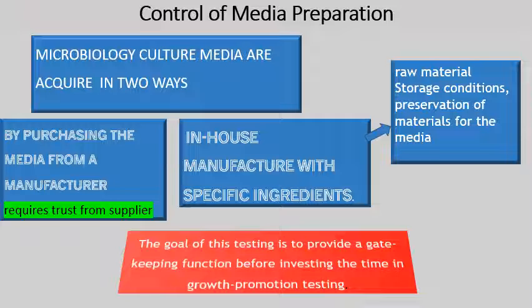Then preservation of the material for the media is also very important, because every material for the media, such as ingredients, nutrients, elements, and so on, must be properly preserved to maintain their nature. Otherwise, there will be a preparation of a media which has deficiency in one or two factors that are expected to be present.